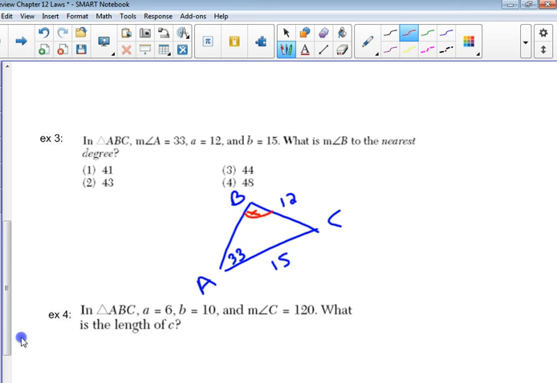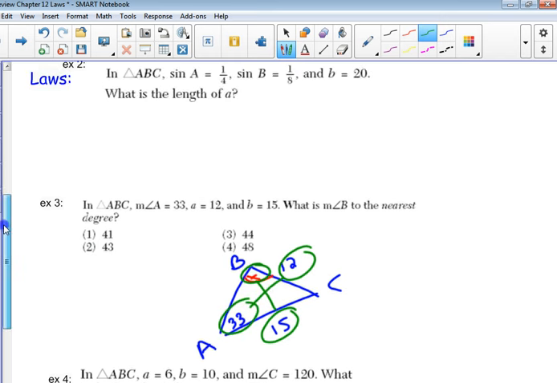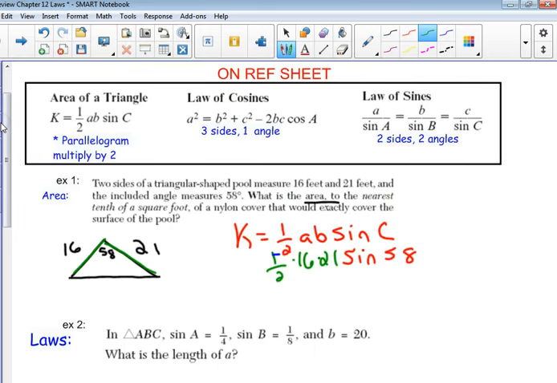Okay. Anybody know what law you would use for this one? Sine. Good job. It's the law of sines when you have two sides and two angles that are partners together. So 15 is going to go with X. 12 goes with 33. And again, they give you guys a formula up here, but you're only ever using 2 of these. They write all of them, but you're only ever using 2.